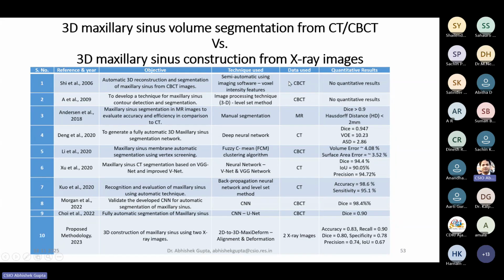We have done the prediction task, but we compared it with segmentation: if anyone has taken a CT, CBCT or MRI image and segmented it automatically, what level of accuracy did they achieve? So we are able to say that we are achieving a similar kind of result as the literature experiments get for segmentation only, but we are predicting it from the X-ray.